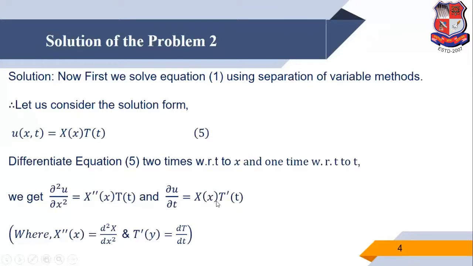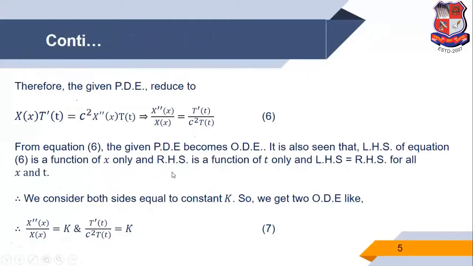by del t is equal to X T dash, where X double dash is d square X by dx square, T dash is dT by dt. We put both values, del square u by del x square and del u by del t, in equation 1. Therefore, we get the PDE form: X T dash is equal to c square X double dash T. Now we apply the separable variable method.